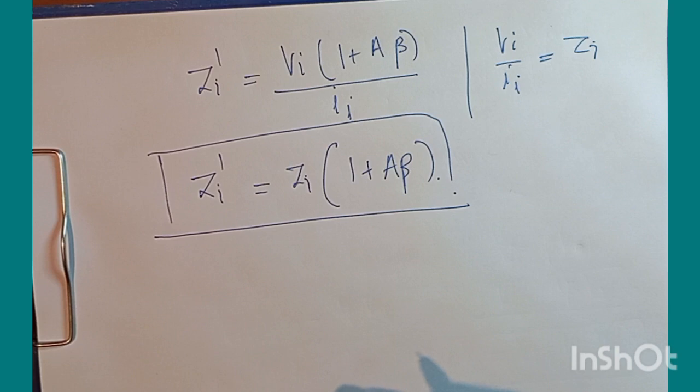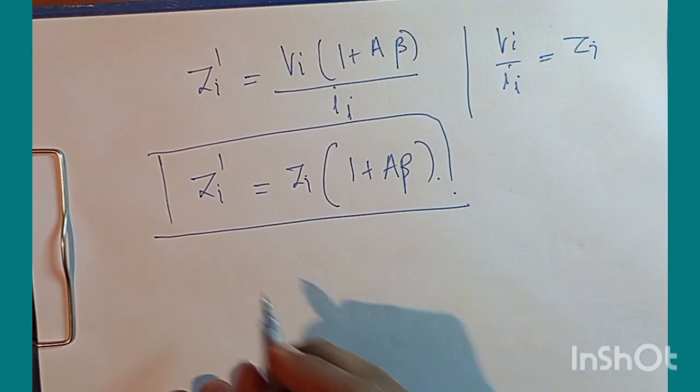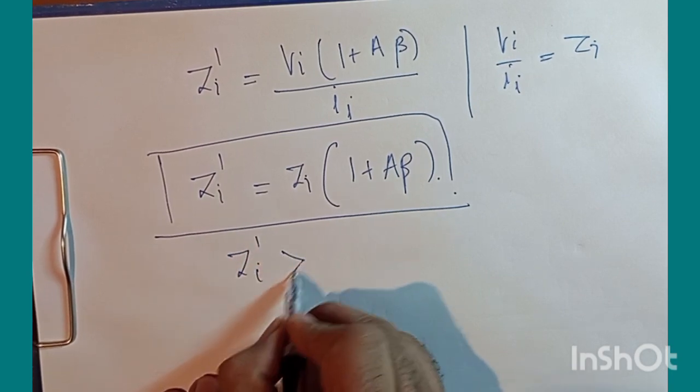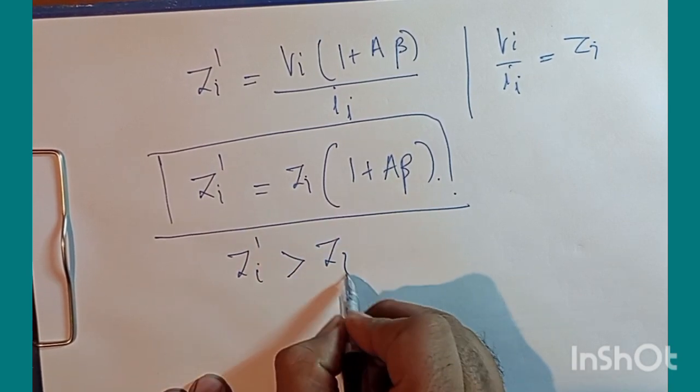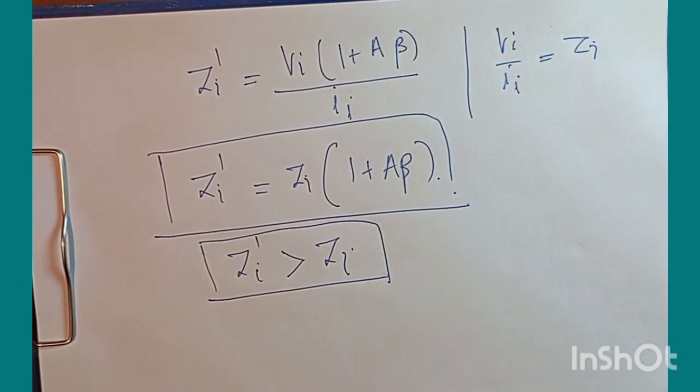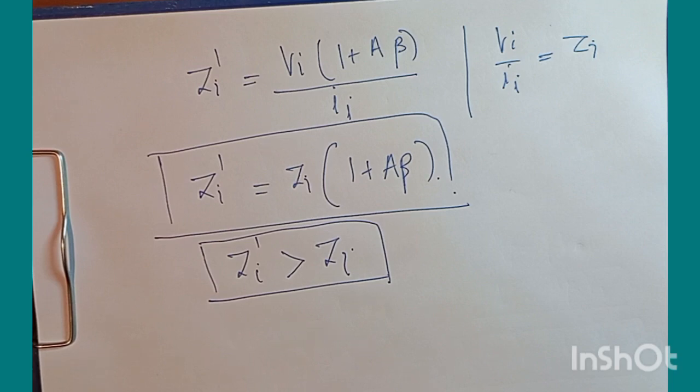So Zi dash is greater than Zi. Certainly, the negative feedback that we have used for this amplifier in common base configuration increases the input impedance of the amplifier.